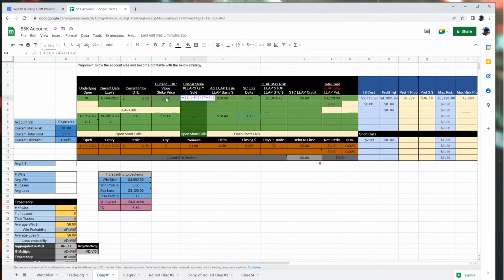In this case, it is calls, so minus F4, which was the current value, 660. So you have 1040 minus 660, and then you divide that by the long position delta. In this case, it was 0.88. So 1040 minus 660 divided by 0.88 plus the current stock price.